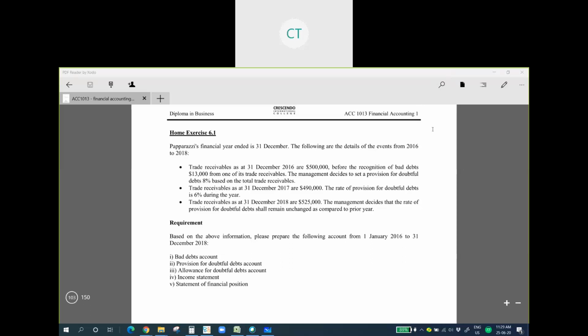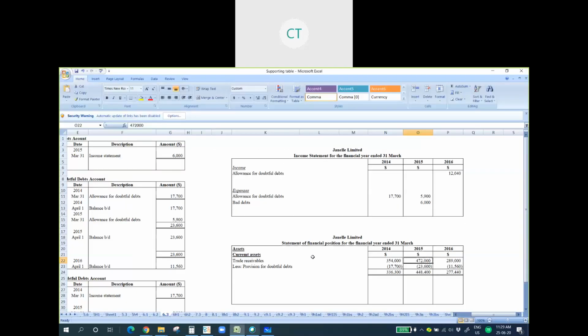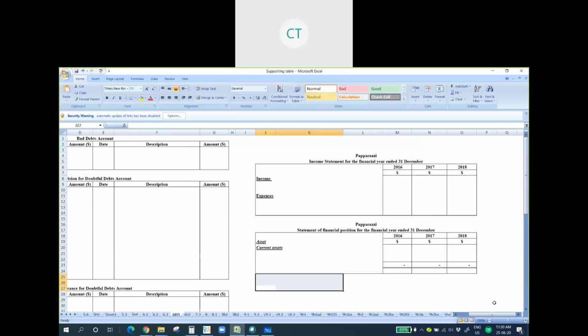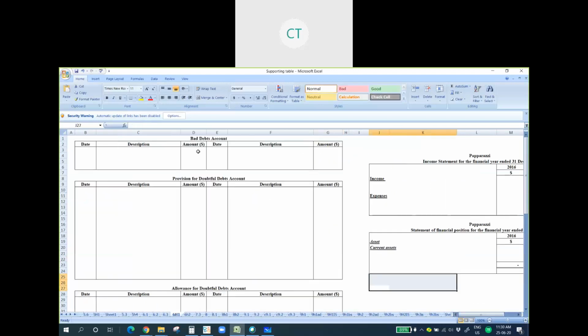So are you ready for this? But before that, can you draw the ledger first? You are required to draw the bad debts account, provision for doubtful debts account, allowance for doubtful debts account, income statement, and statement of financial position. The sample is like this. For the bad debts, you can leave about 5 columns.